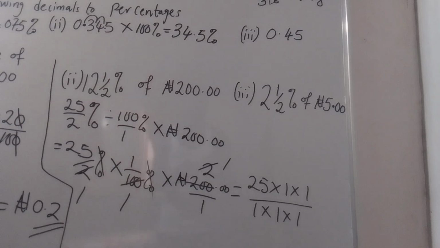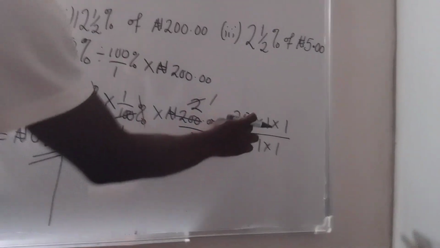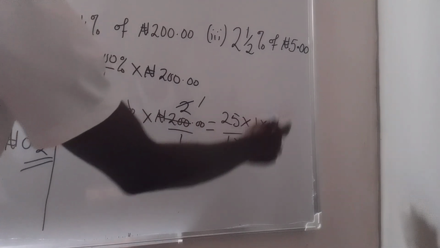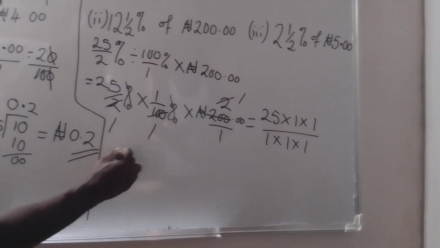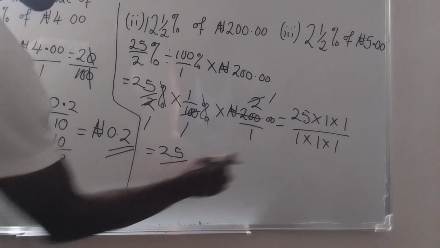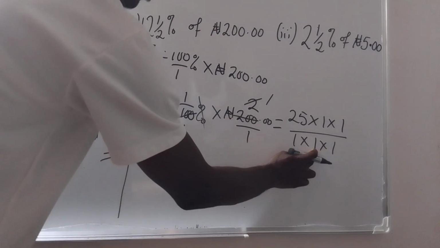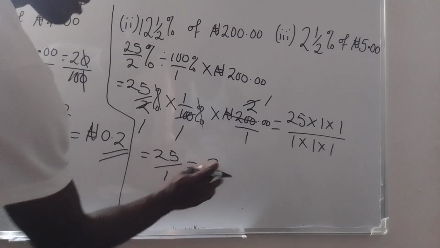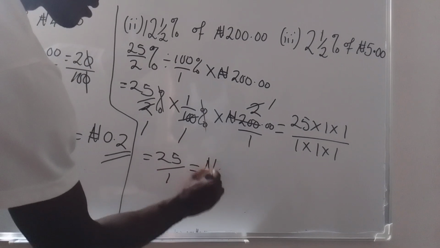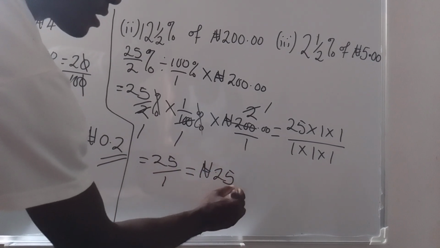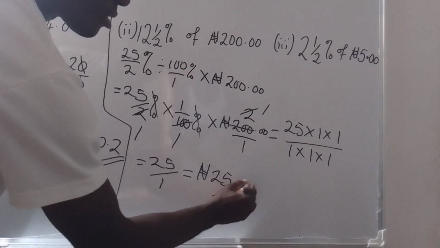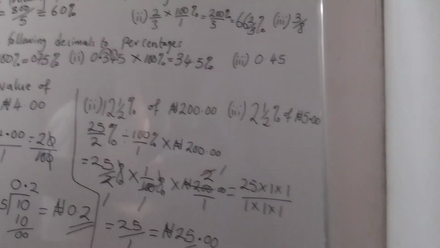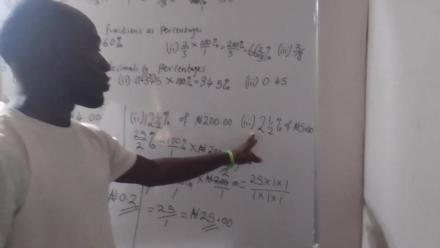To simplify, 25 times 1 is 25. So the answer is 25 all over 1 multiplied by 1 multiplied by 1 is 1. So the answer is, let's put our naira sign first, 25 naira, 0 kobo.